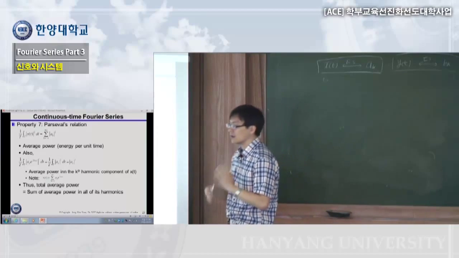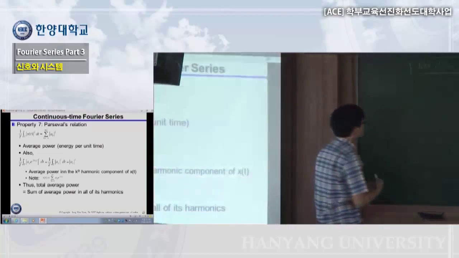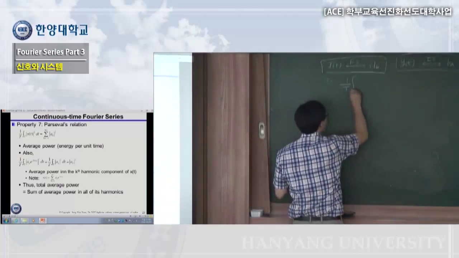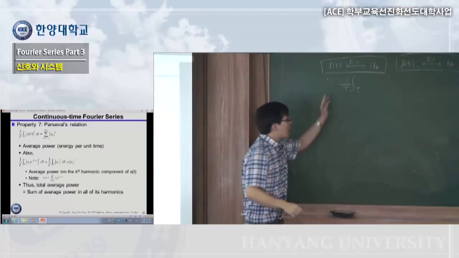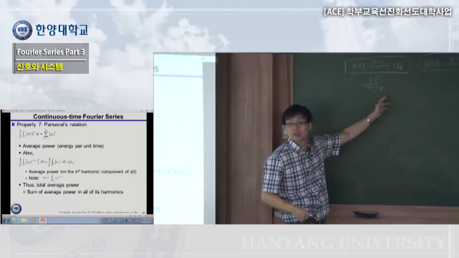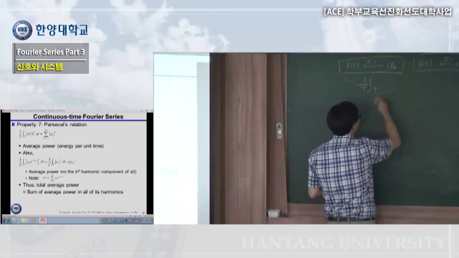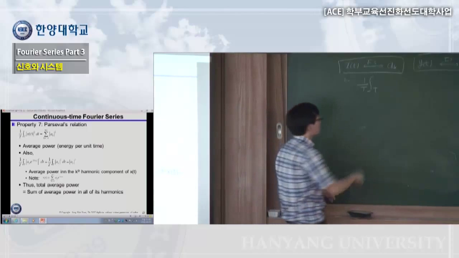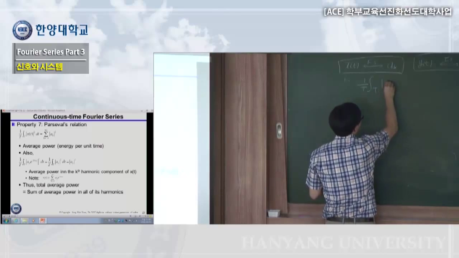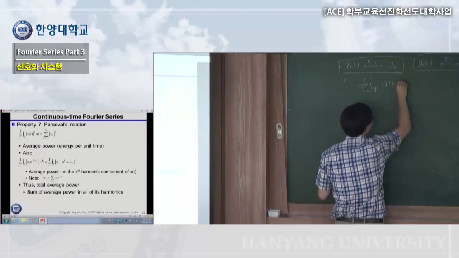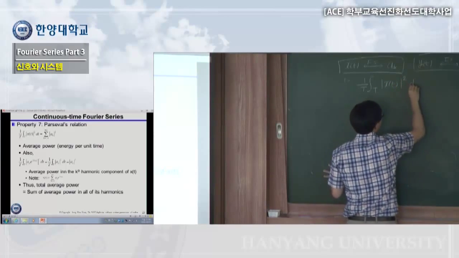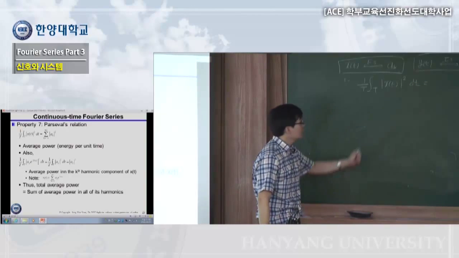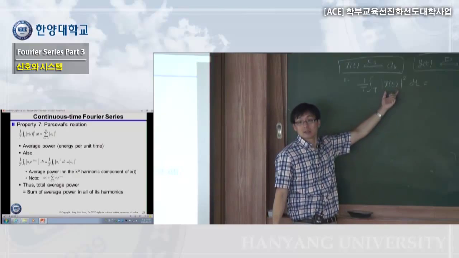This is a very unique case because this is a relationship. Average over a period, and now we are adding absolute value of x square dt equals. So we are not using x.